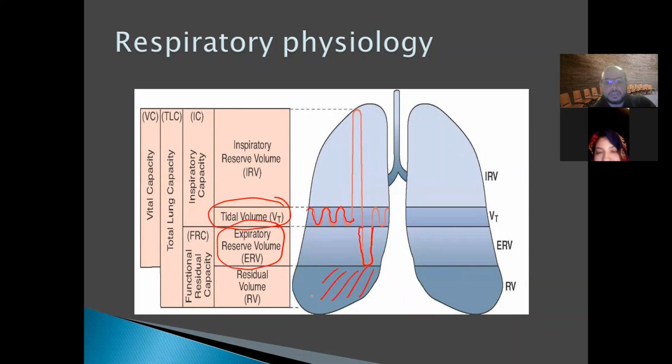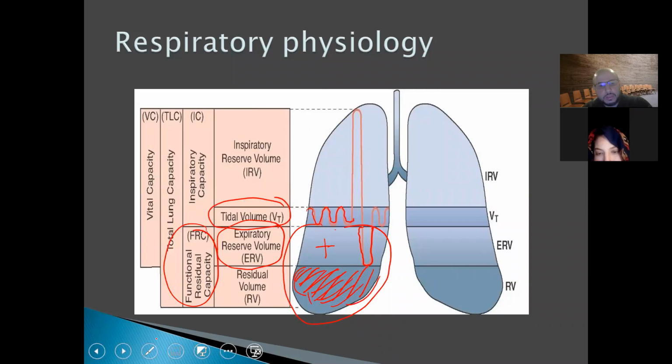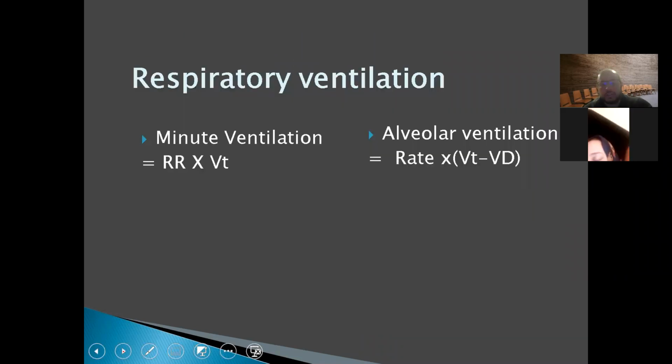And there is a place that does not empty, that's called residual volume. Why do I have to mention this? Because you have something called functional residual capacity, which is the expiratory reserve volume plus the residual volume. We will talk later about how important it is.